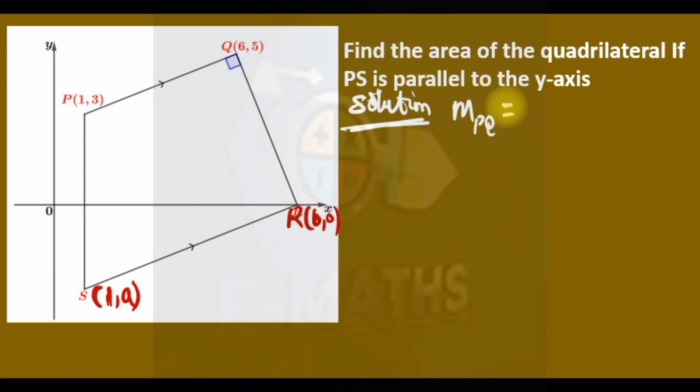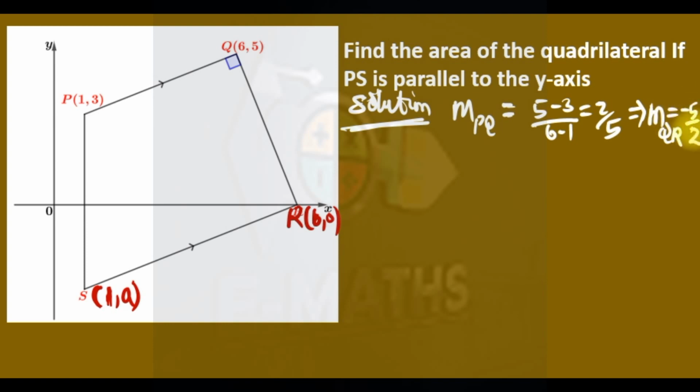is equal to 5 minus 3 over 6 minus 1. So we have 2 over 5, which implies that the slope of line QR will be minus 5 over 2.